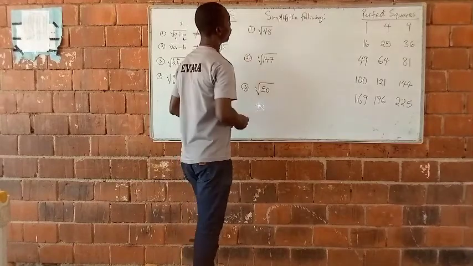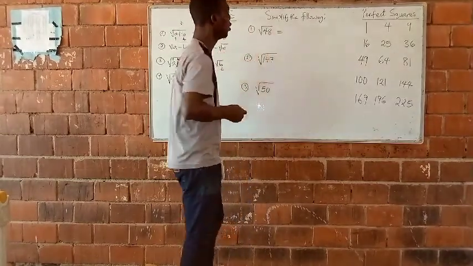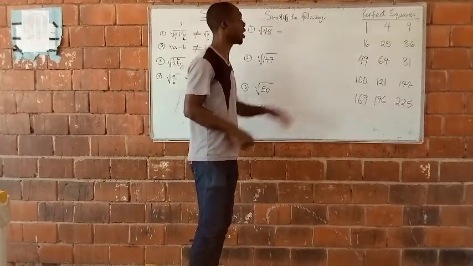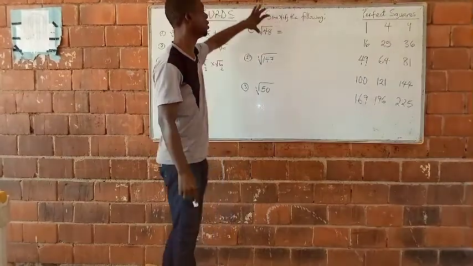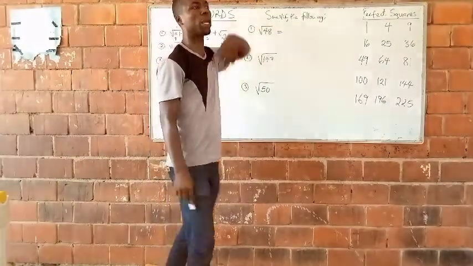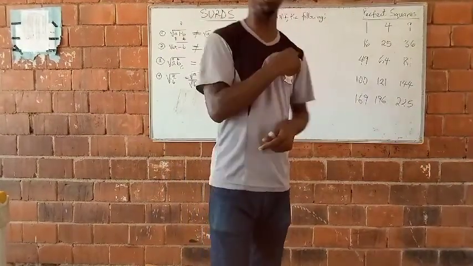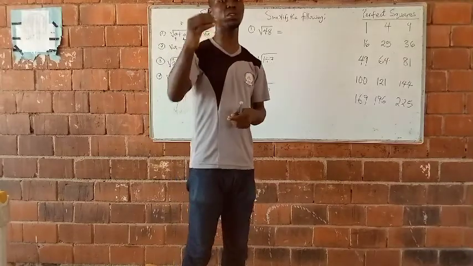We have root of 48. We have to simplify root 48. So what we need to do here is to check the perfect squares. Which of those perfect squares can divide 48? Sometimes we can have more than one of those perfect squares that will divide 48. We have to take the biggest one.